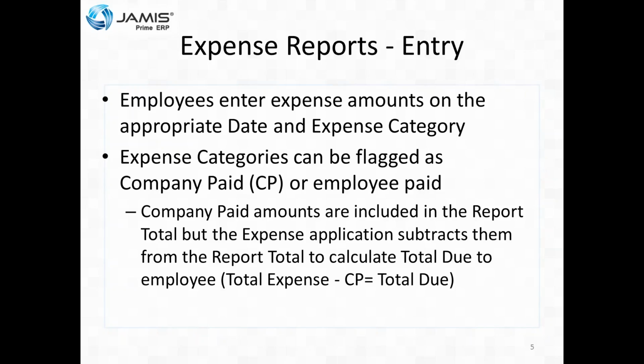The company paid amounts are included in the report total, so it's going to go in as a total expense against your database. But what you're going to see on your expense report is the expense application will subtract them from the report total to calculate the total due for the employee. So essentially what happens is the total expense on that report minus anything that's going to be company paid would be the amount due to you.